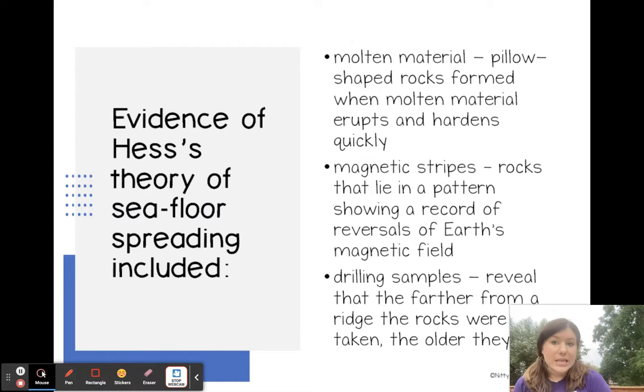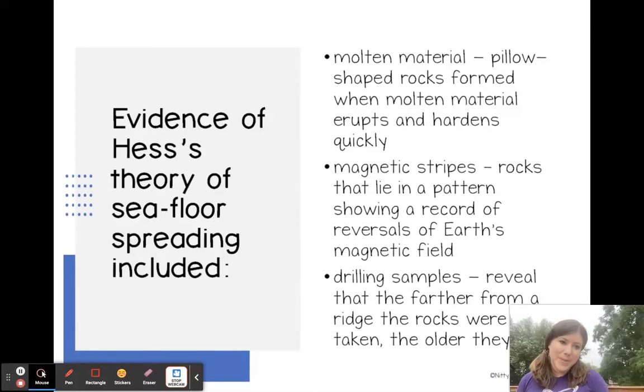All right, so let's see Hess's evidence for seafloor spreading. This is what he found to support his theory for convection currents and seafloor spreading. So he found pillow-shaped rocks, formed when molten material erupts and hardens quickly. So he observed that happening. He also found magnetic stripes.